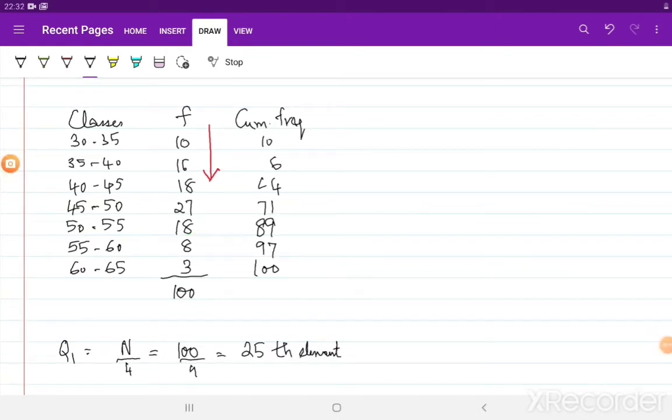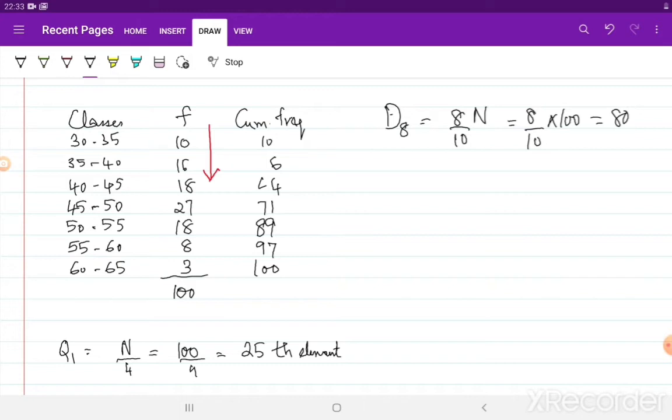In this example, we will have a quick look at finding the 8th decile. Now remember, the position of the value D8 will be such that 8/10 of the total frequency or the total number would lie below D8. So that's 8/10 of 100, which is 80.